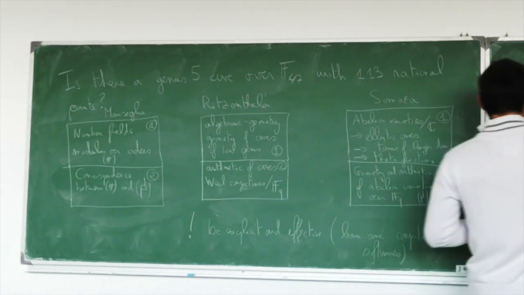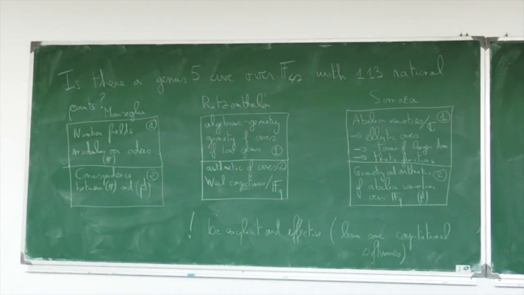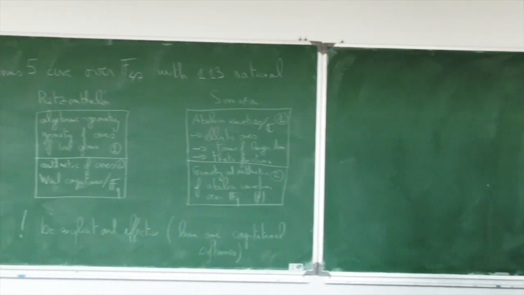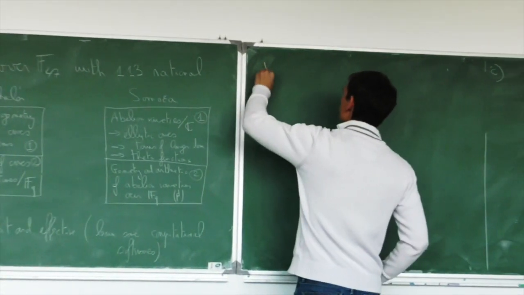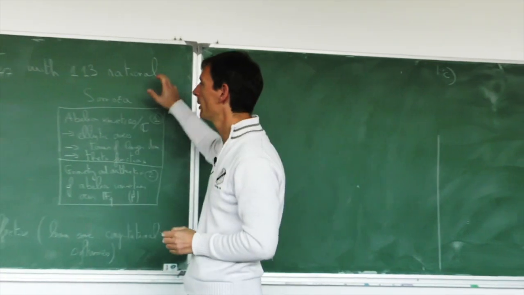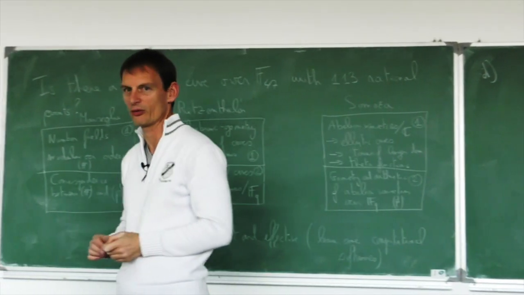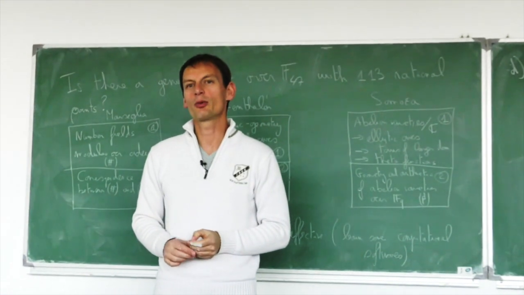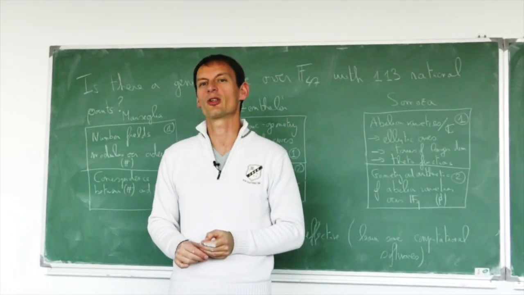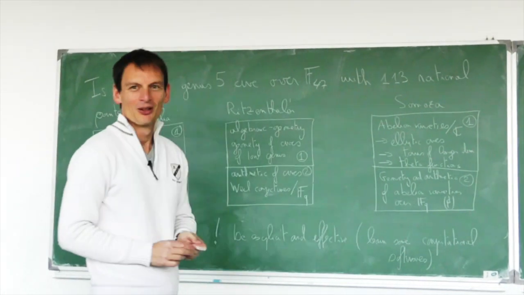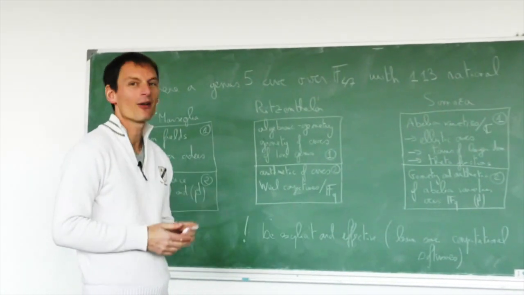So what remains now is point D. Are we going to solve it? Can we solve this problem of is there a curve of genus 5 over F47 with 113 points? Well, if I would say yes, then I would have done it, and I would have already published an article. So the answer is, I don't know.